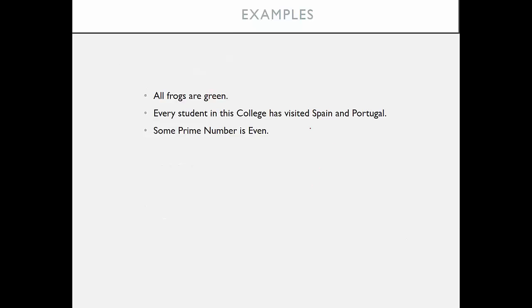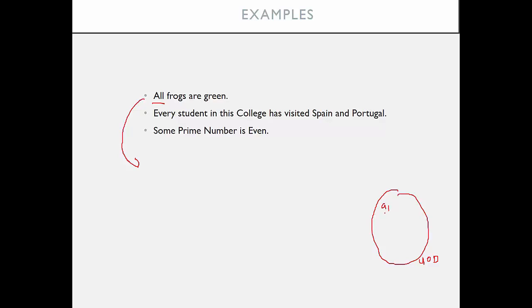Suppose we have: all frogs are green. Here we see "all", and we're taking a universe of discourse where we have all the amphibians.